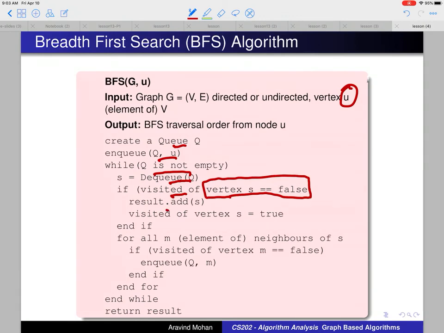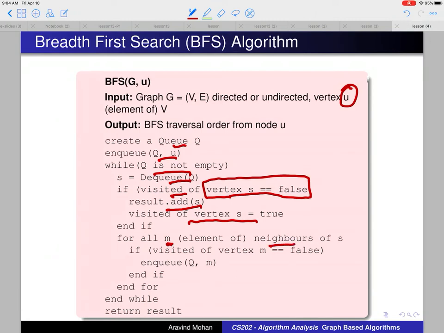That's the check that we do initially. If it is false, then we are adding it to the result array. And then we also make visited of vertex s equal to true, so that it is colored as that red node there in our graph. Basically, we are saying that we had visited that vertex.